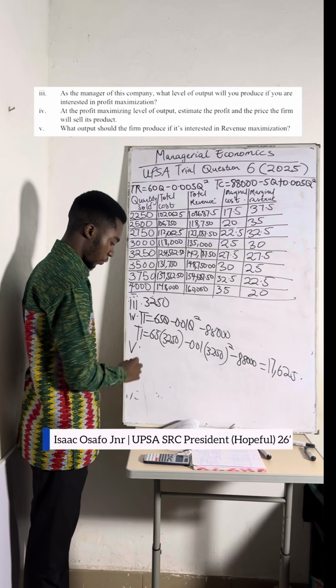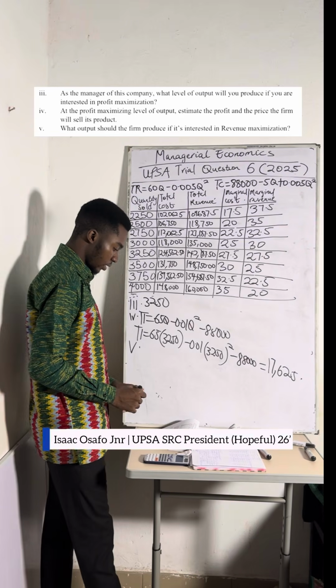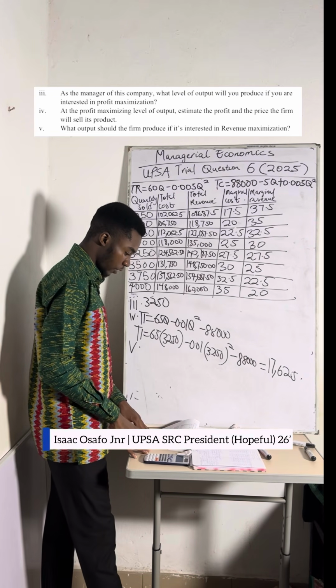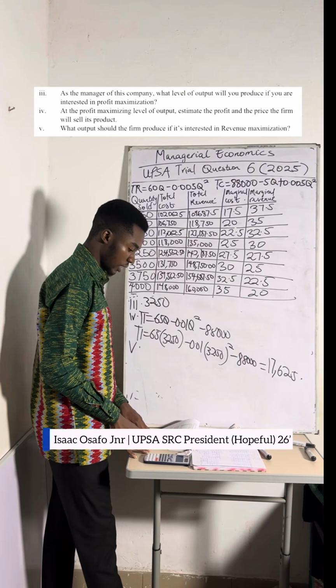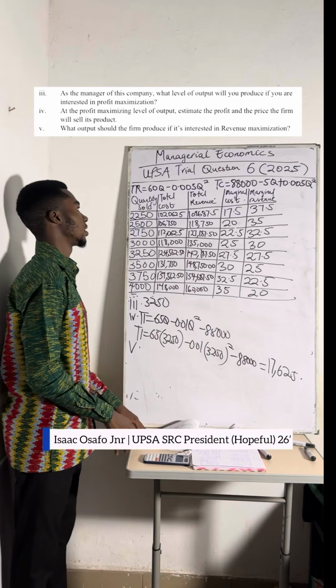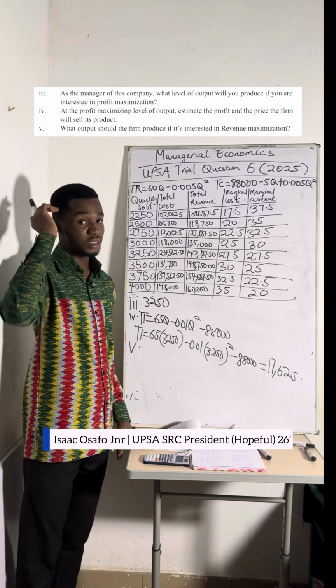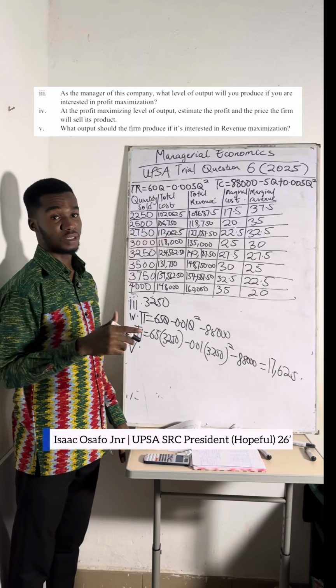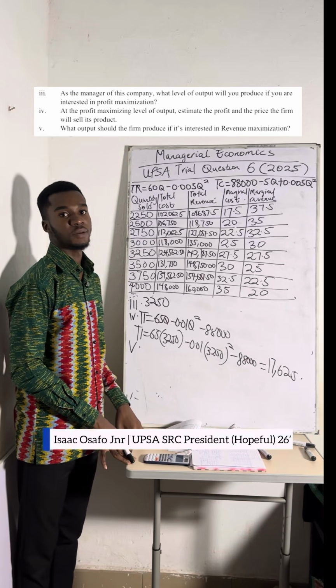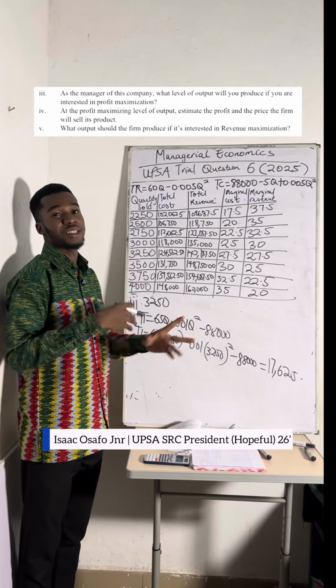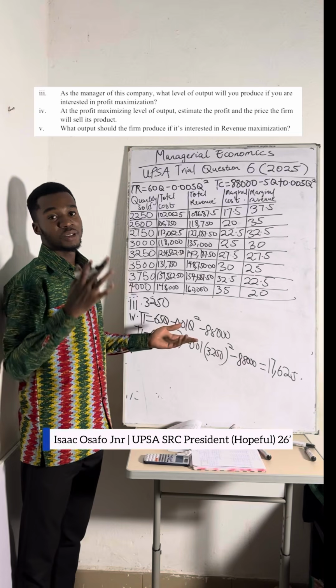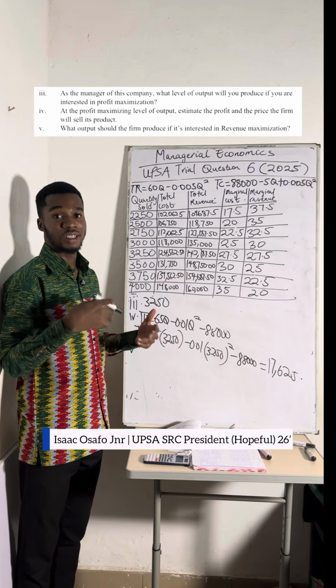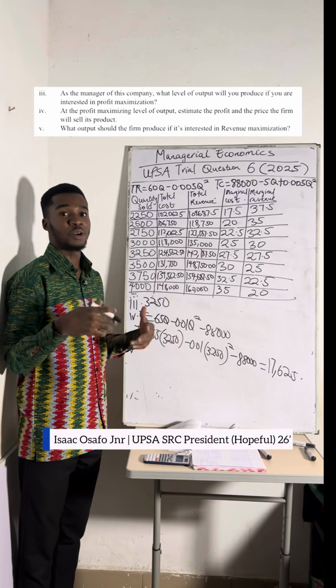Then let's go to the last one, which is part V. For part V, you were asked what output a firm should produce if it is interested in revenue maximization. Now, revenue maximization is different from profit maximization. If you are interested in revenue maximization, you are just looking at the output that will give you the highest revenue. You are not considering the cost. So if your revenue is even 100,000 and that's the highest revenue, and even your cost is 100,000, you don't care.